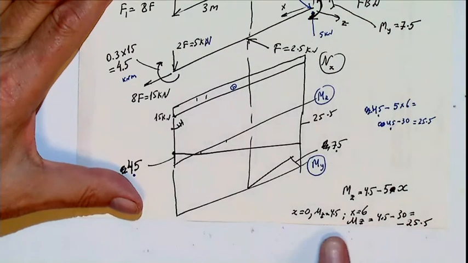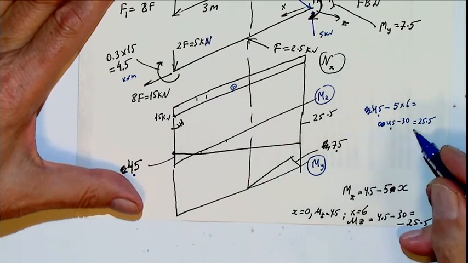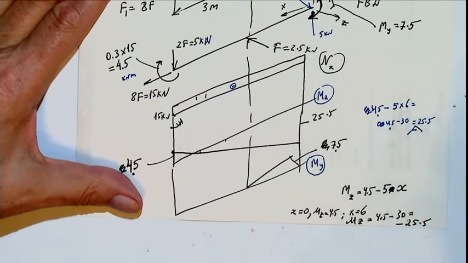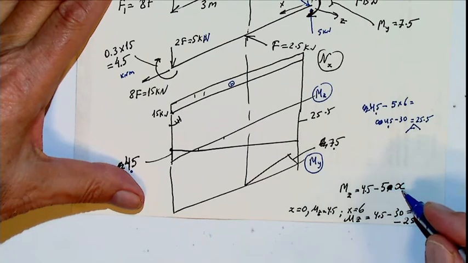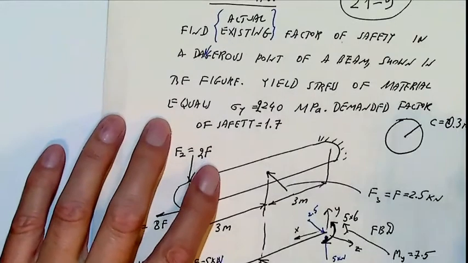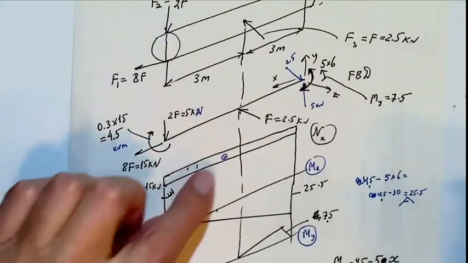So I just did this calculation. Oh, here should be minus. Mz equals 4.5 minus 5x, because 2F equals 5. So these are the diagrams.